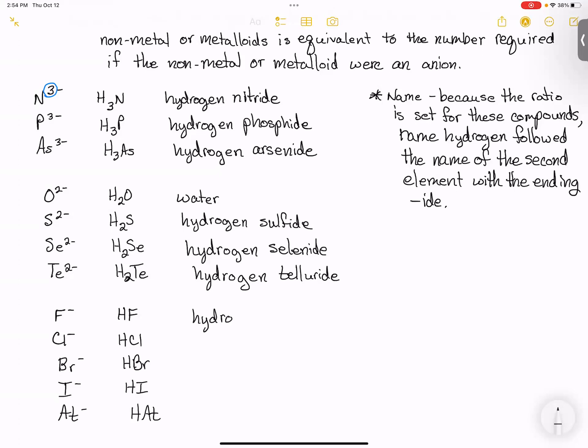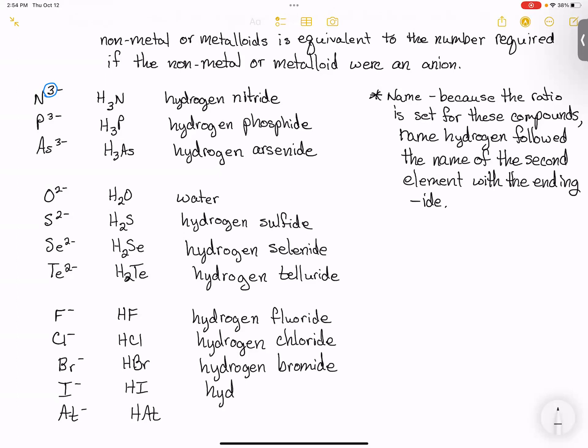So hydrogen fluoride. Hydrogen chloride. Hydrogen bromide. Hydrogen iodide. And finally, hydrogen astatide.